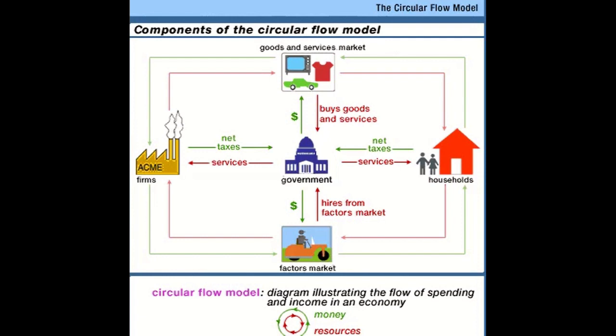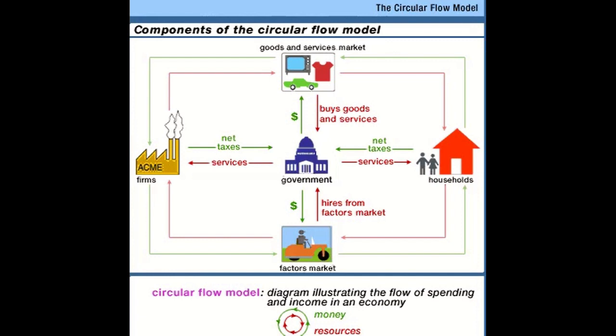So national defense, security services, all of the things that are provided publicly flow back from the government in the form of resources, goods and services to the business sector. So we put the government here in the middle. Notice the government has a nice interaction and integration into this system with money and resources flowing as you might expect.